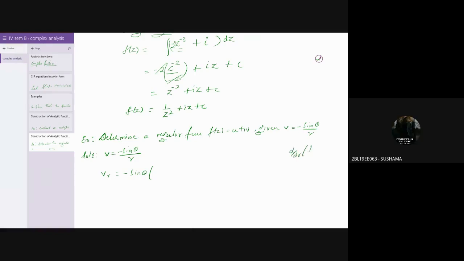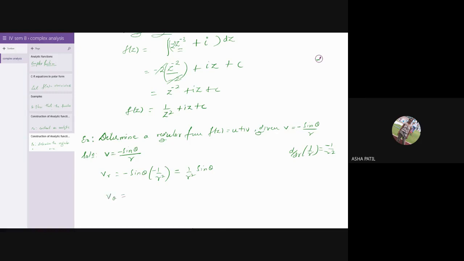Minus 1 by r square. Yes, minus 1 by r square it is. Okay, that is our Vr. Minus minus cancels here. We get 1 by r square into sin theta.